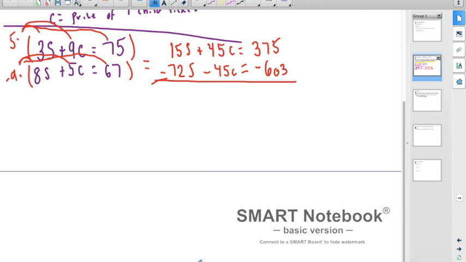C just by adding these two together now. Right? Remember how this goes? So I'm going to add these new equations together. 15 plus a -72. You can just put that in the calculator, right? And you'll get a -57s.